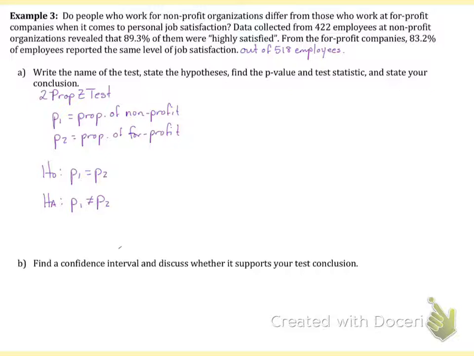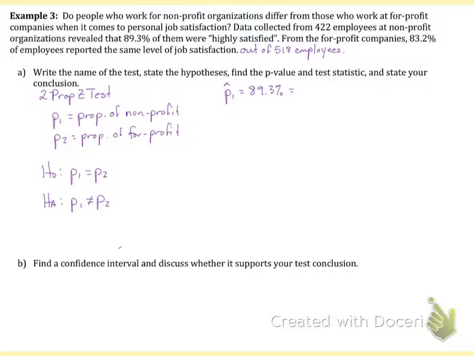So let's actually run this test. And before I do that, I know I'm going to need an X1 and an X2. So looking here, I'm just going to write out a little bit of work here. The P1 hat, my sample proportion from the nonprofit organizations, is 89.3%.